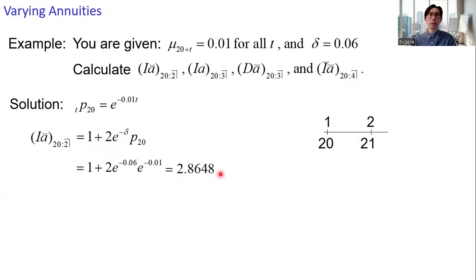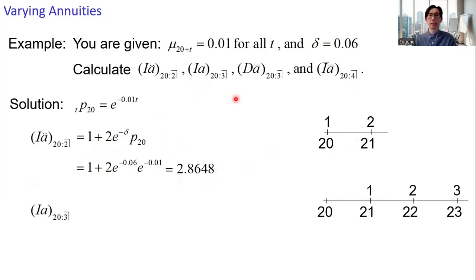The second part is a 3-year temporary increasing annuity immediate, and we have this payment pattern. The first payment, a payment of 1, is paid when the individual reaches age 21. And then the last payment is 3 when the individual reaches age 23.